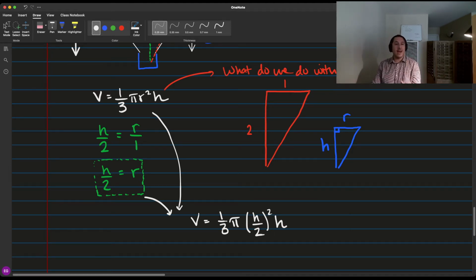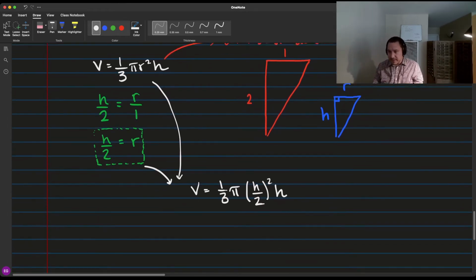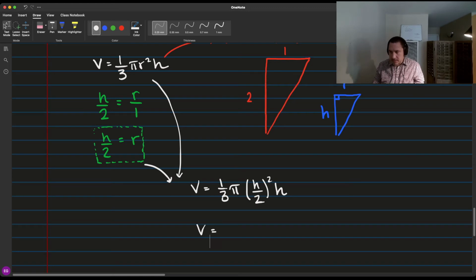Now I only have volume and height, the 2 variables that I want to relate. So let's simplify this. If you square it, you get it over 4, so you're going to get pi h cubed, 3 times 4 is 12. So 1/12 pi h cubed.